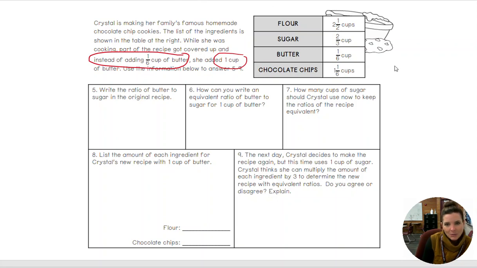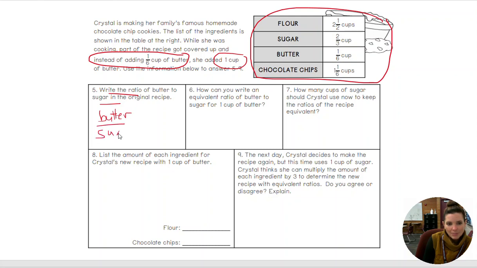So in the original recipe, we have that right here, there was 1/6 cup butter and 2/3 cup sugar. So when it says write the ratio of butter to sugar, that means we're going to do the amount of butter on the top and sugar on the bottom, if it's butter to sugar. Okay, so butter is 1/6. This is in the original recipe, and then sugar is 2/3.